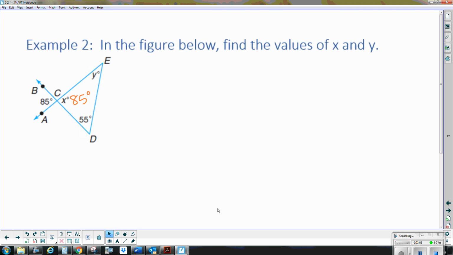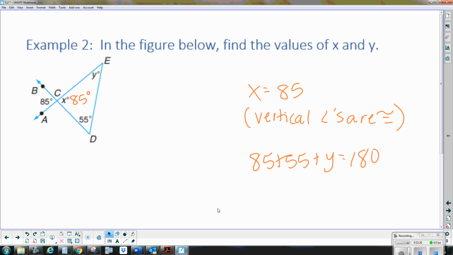So first, if you look at this, you can see that angle BCA and that x are vertical angles. And we've learned that vertical angles are congruent. So I know that x has to equal 85. Now that I know x is equal to 85, I can use my triangle sum theorem to say x plus y plus 55 equals 180, but instead of x, I can say 85.